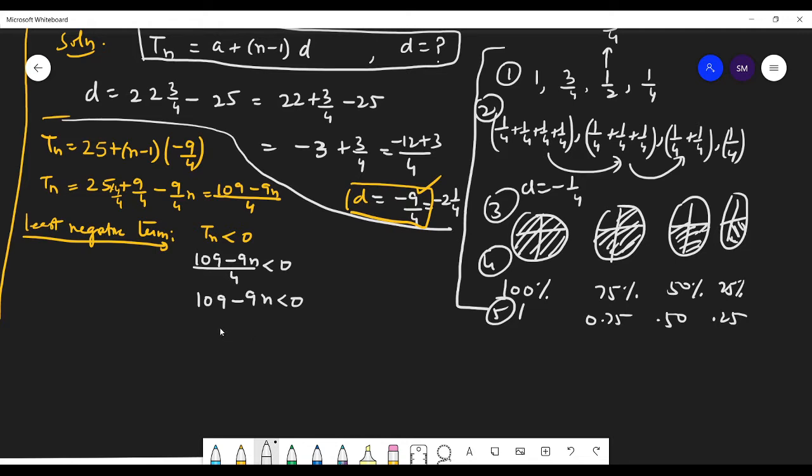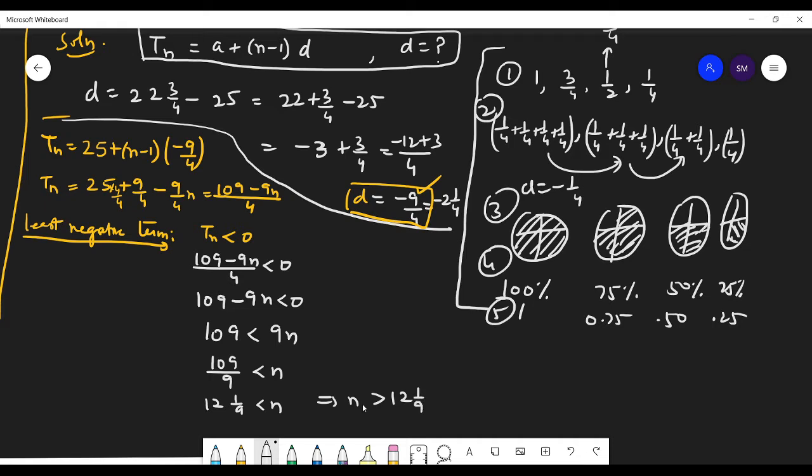Yes, sir. Further, 109 will be less than 9n. And 109 upon 9 will be less than n. And here also, if you divide it, 12 1 by 9 will be less than n. So n is greater than 12.